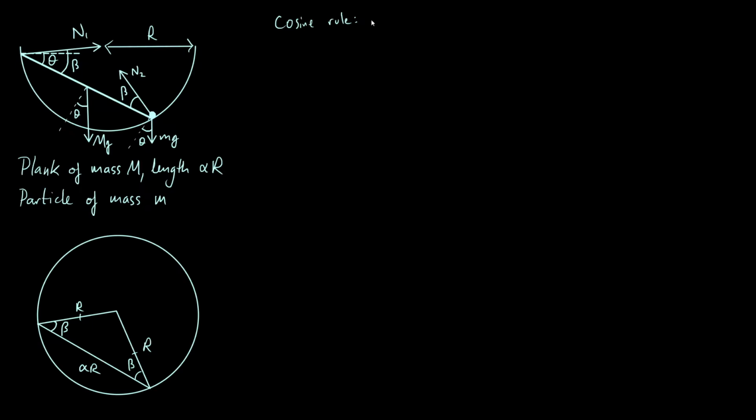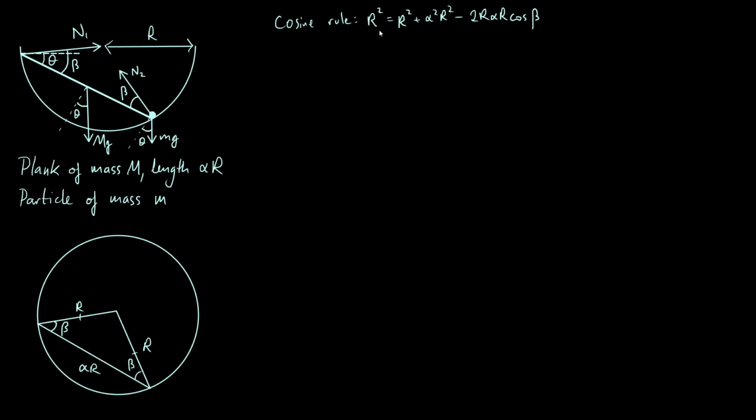We can say r squared is the other side squared plus the other side squared, so r squared is r squared plus alpha squared r squared, minus 2r times alpha r times the cosine of the angle between those other two sides, which is beta. So now we have an equation which involves beta.